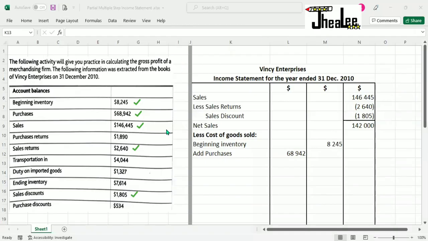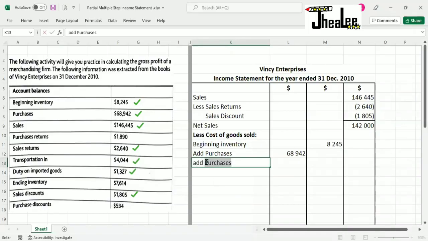What we're going to do next, people, is to look if there is any transportation in, and if there is any duty, or they may call it freight in, typically carriage inwards, any costs associated with getting the goods into the business. Yes, we have carriage inwards, that's the transportation in, and we do have duty on imported goods. Those figures, people, are going to cause an increase in your purchases, so therefore we are going to add them.